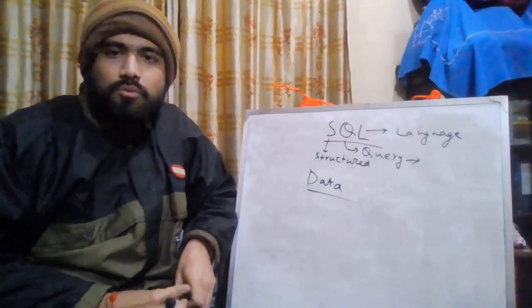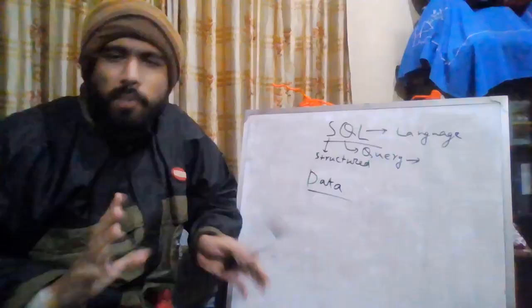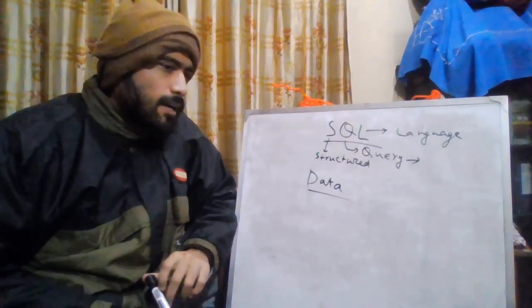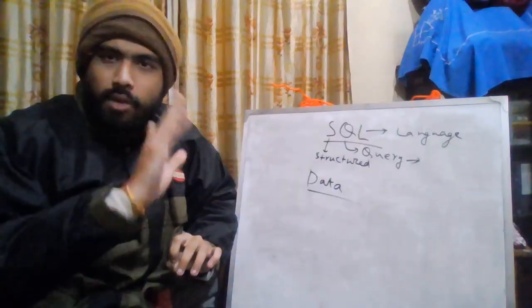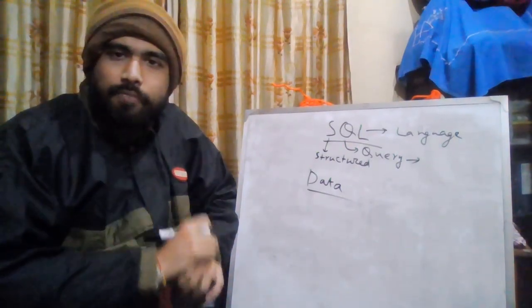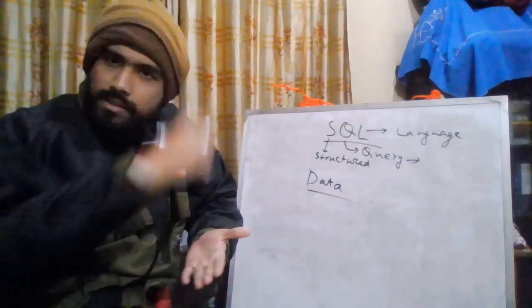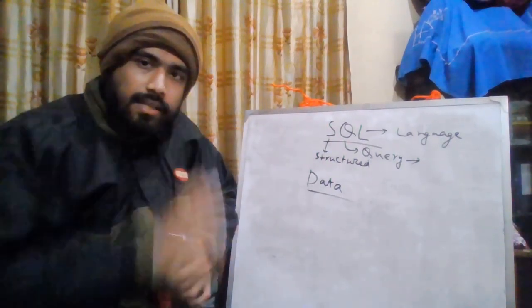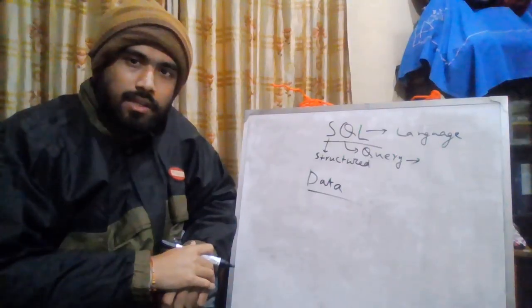In practical life, we see numerous types of data. For example, forget about calculations or mathematics. In day-to-day life, for example, you are making some kind of chart, or in our books there is an index page.